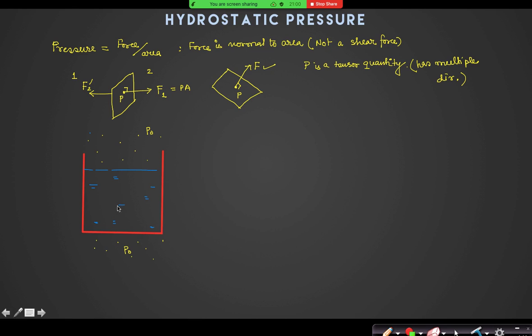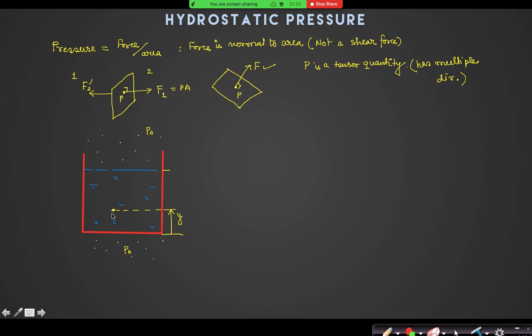I am interested to find out the pressure at some point. Suppose this is at a height y, I'm interested to find the pressure of the liquid. The method that we will use is, as I have told you, that we are not going to analyze microscopic properties.